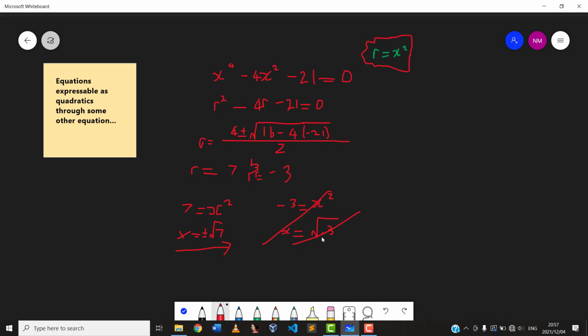Because the square root of a negative number is undefined, it doesn't have any answers in the real number plane. For example, square root of 4, what this basically means is what number would you square to get positive 4?